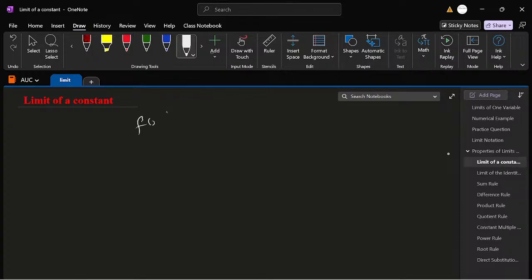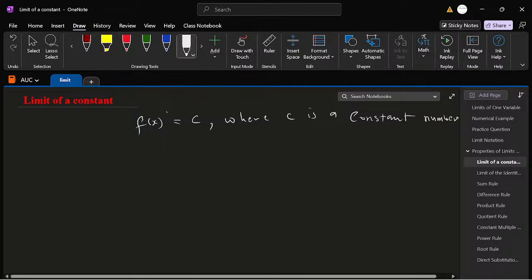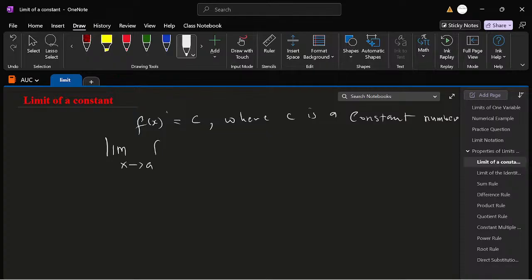So f of x is equal to c, where c is a constant number. Okay, good. So if you use that general formula of limit, that is the limit as x approaches a of f of x is equal to L.